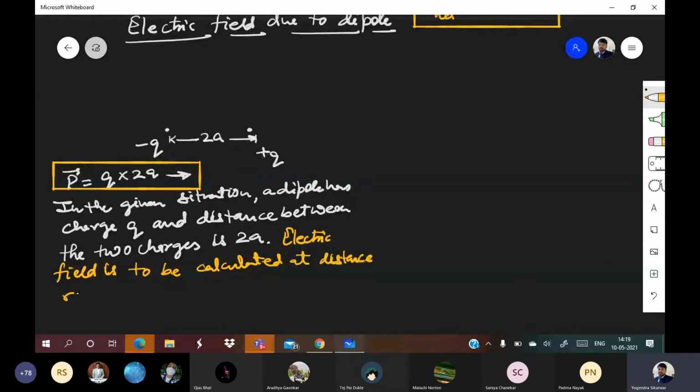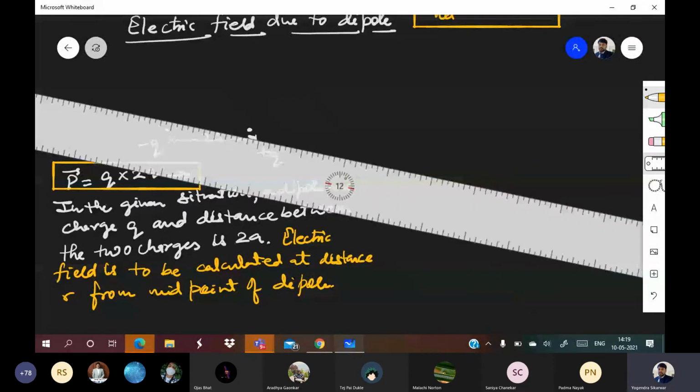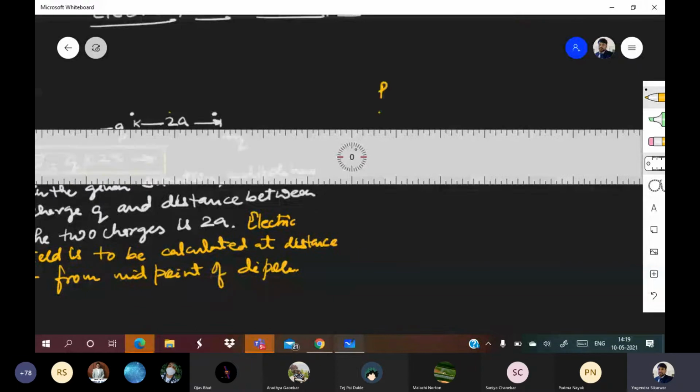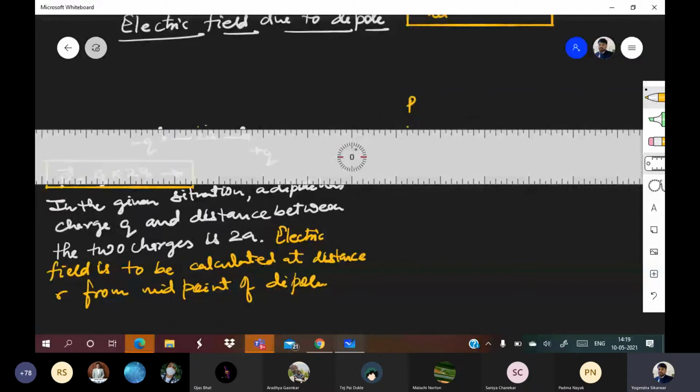So basically you are finding electric field at, let's say, this point P, and it is at distance r from here. So that is the distance r. This is the midpoint.